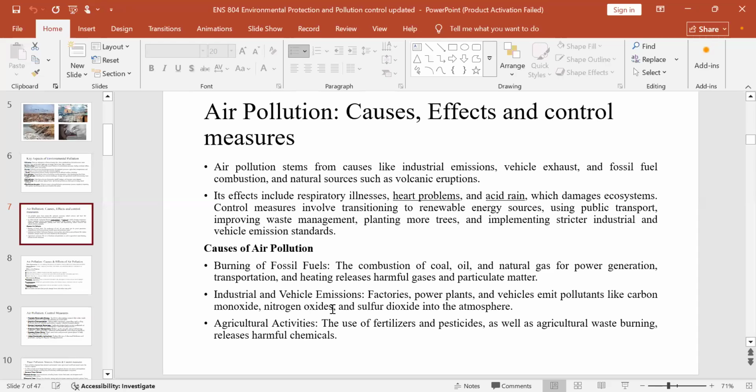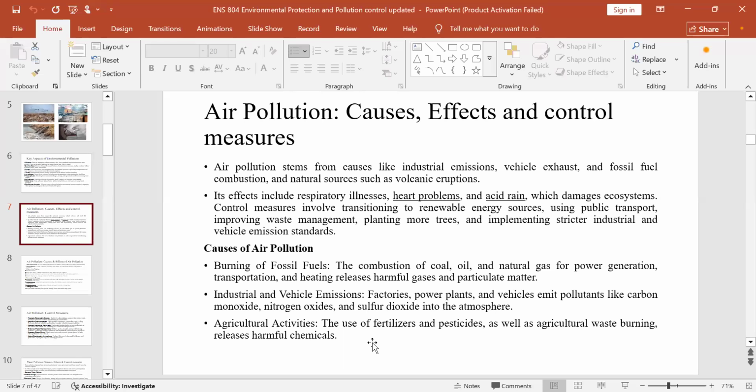Then industrial and vehicular emissions. This is from factories, power plants, and vehicles, which emit pollutants like carbon monoxide, nitrogen oxides, and sulfur dioxide into the atmosphere. All of these emanate from industrial and vehicular emissions. Then the agricultural activities, the use of fertilizers and pesticides, as well as agricultural waste burning.